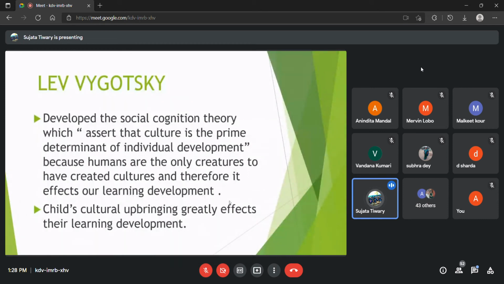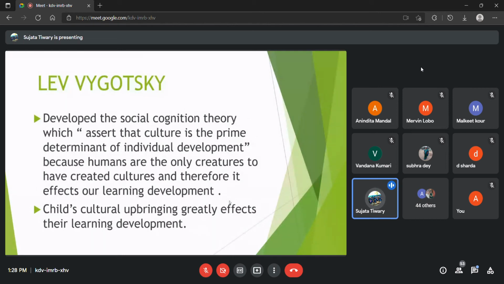Humans only create culture, and therefore it affects our learning development. A child's cultural upbringing greatly affects their learning development.